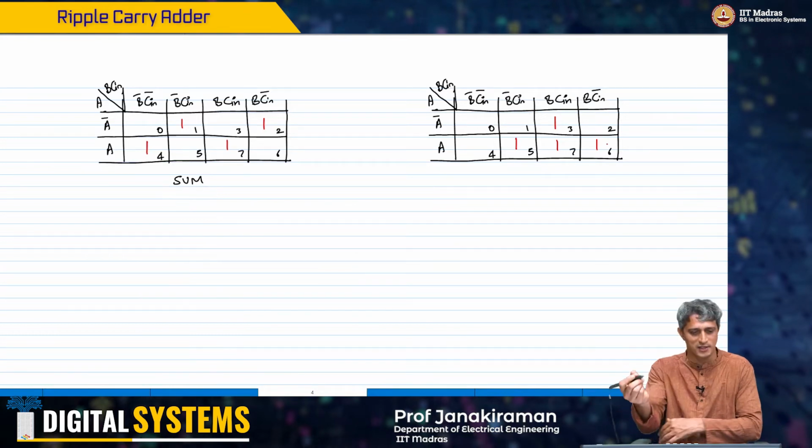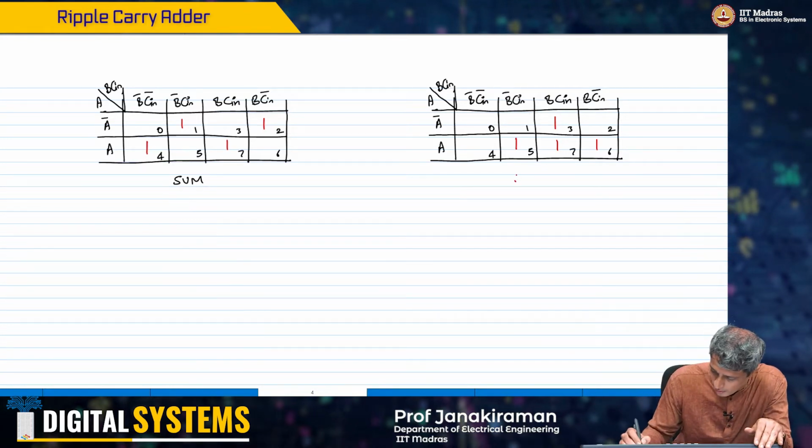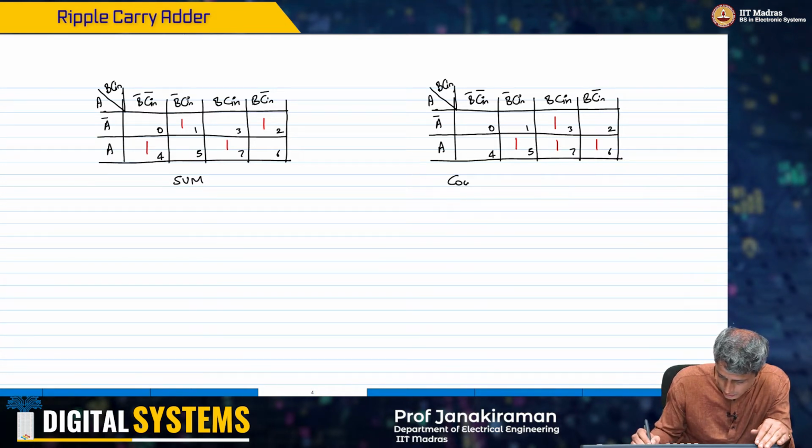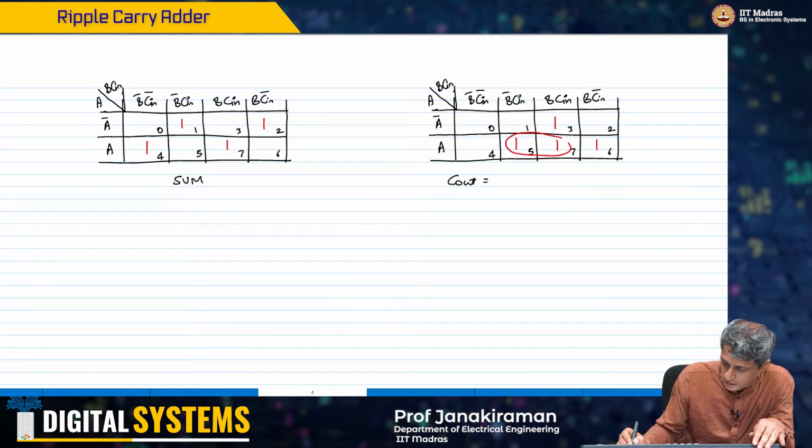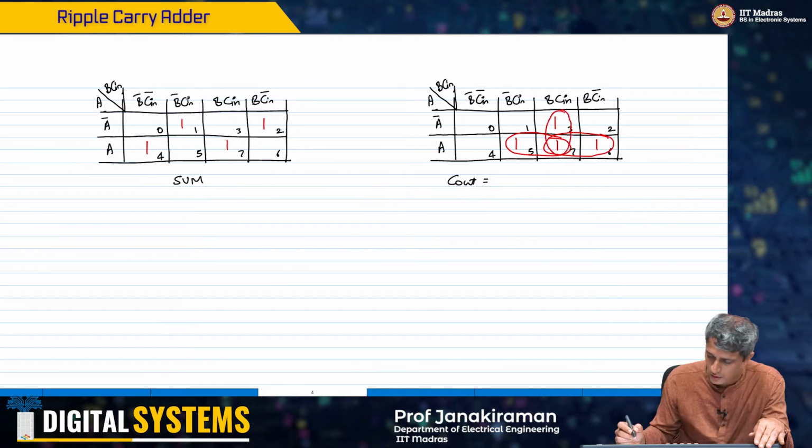At least here there is something. So let's start with C out. So I can do this Boolean simplification.